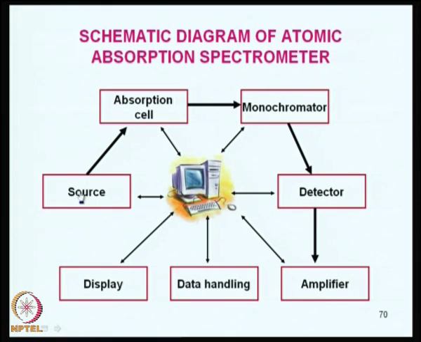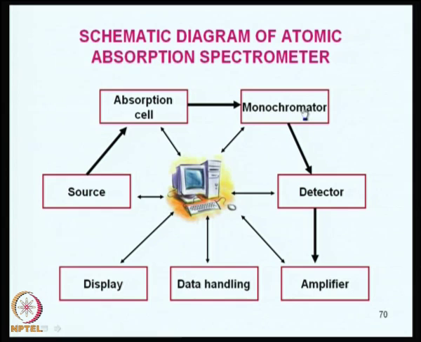Radiation from the source is passed through the absorption cell, and then you need a monochromator to separate unwanted radiations, because you are supposed to measure only the intensity of the source line after passing through the atomic absorption.